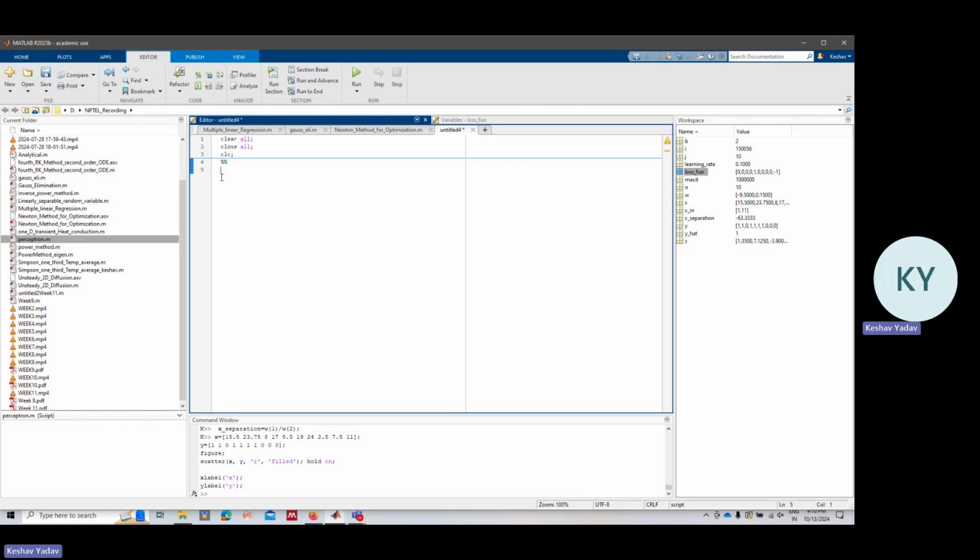I will generate the random numbers. Suppose I am generating x1, that will be equal to rand. This rand function is an input variable that will generate a random number between 0 to 1. Okay. So first let us write the number of points that we want to generate.